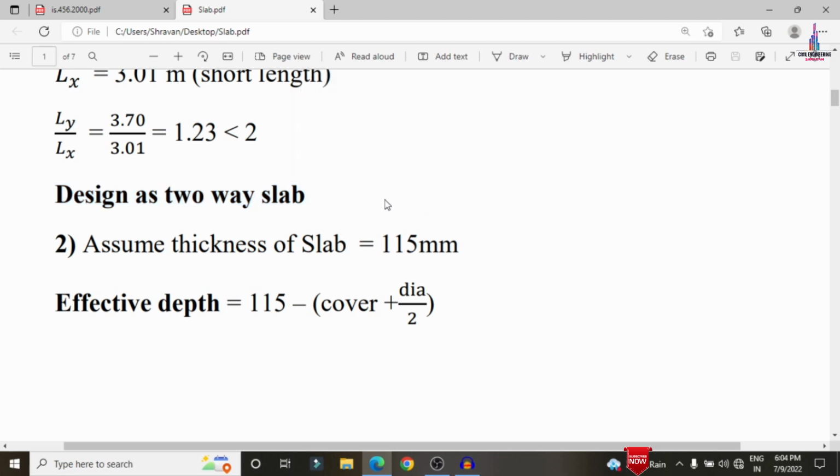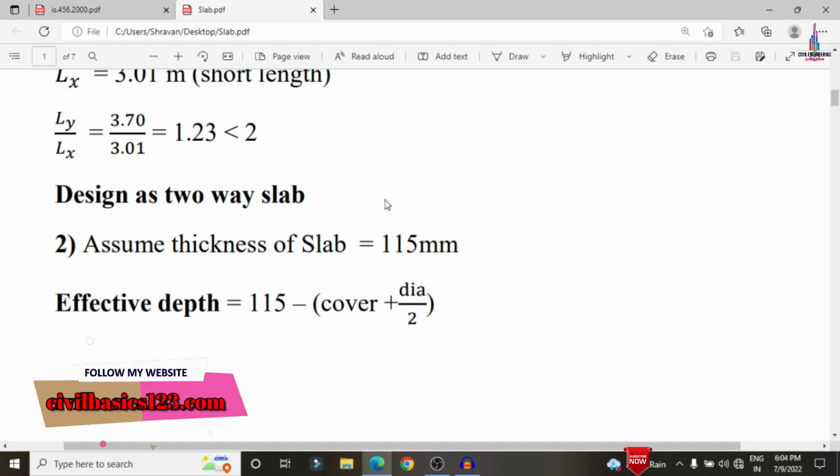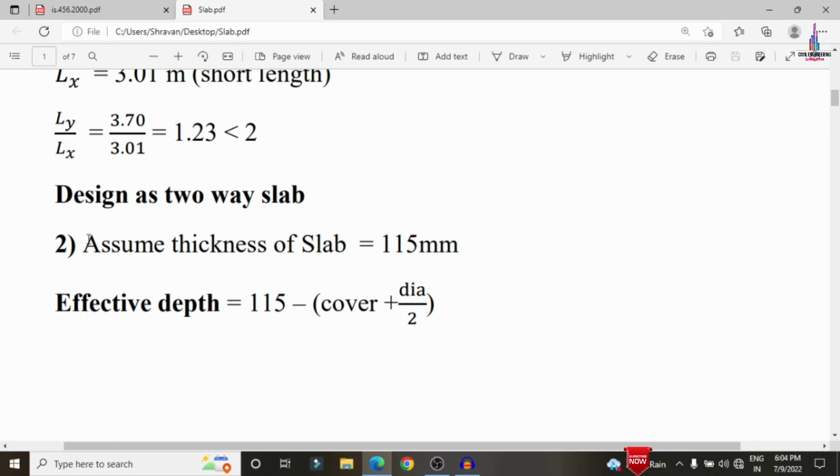The second step is to calculate the effective depth. Before calculating the effective depth of any kind of slab, we initially need to assume the thickness of the slab. Here I am assuming the thickness of the slab is approximately 115 mm. The effective depth is approximately equal to the assumed thickness minus cover minus the diameter of the reinforcement bar divided by 2.